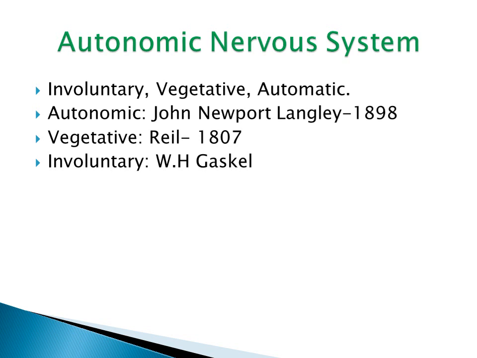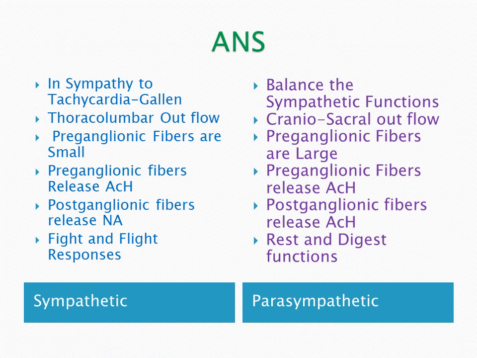The autonomic nervous system is subdivided into two main divisions, sympathetic and parasympathetic nervous system. Why is it termed the sympathetic nervous system? On the basis of Galen's observation, whenever an injury occurs, tachycardia takes place.